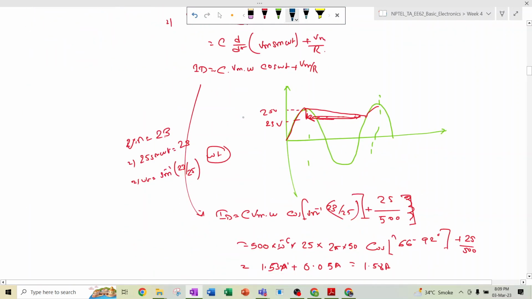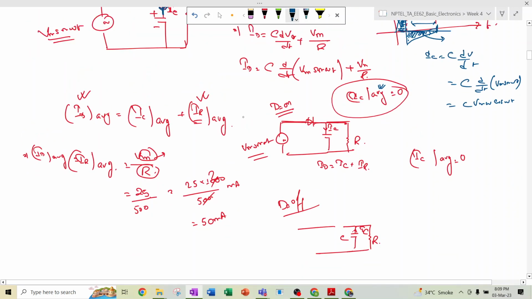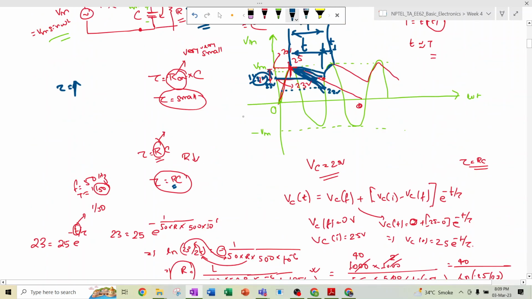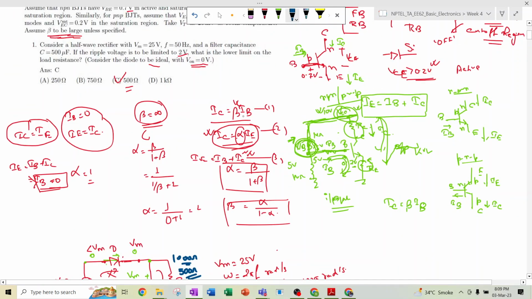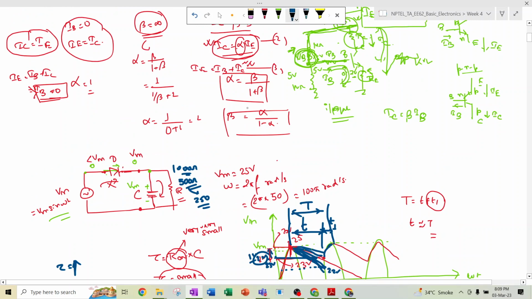Okay, if there is more conduction, does it mean lesser ripple or more ripple? Sorry, more conduction of the diode. Actually, ripple means how much AC is contained in the output of your rectifier.